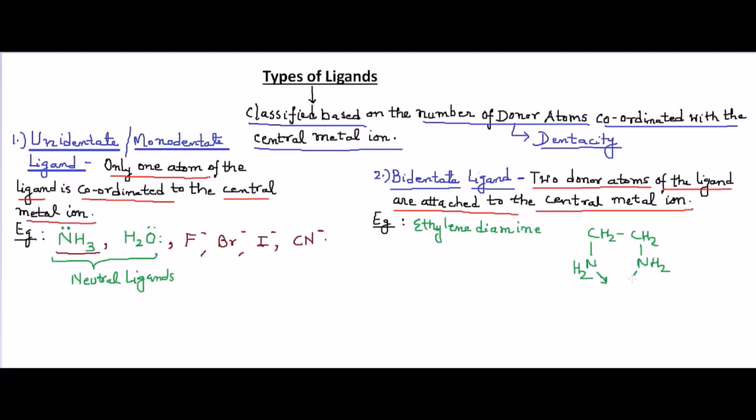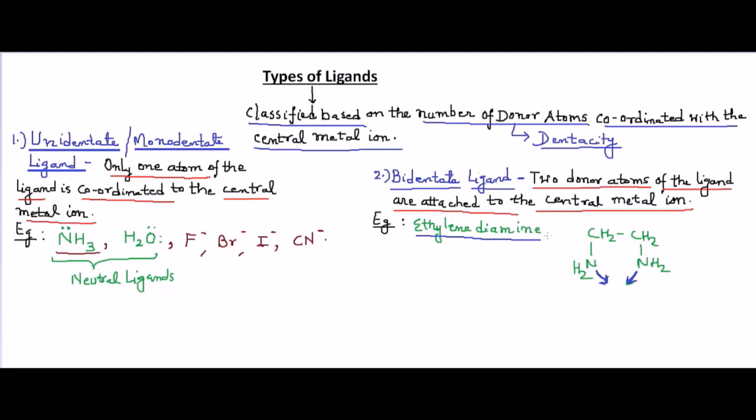Since we have two nitrogen atoms, these two nitrogen atoms are the two donor atoms of the same ligand. We have shown this by an arrow. This arrow means the donor atom. Since it is coordinated to the central metal atom, we show it by an arrow because they donate the electrons. So on nitrogen we have two arrows showing these are the two donor atoms of the ethylene diamine molecule.